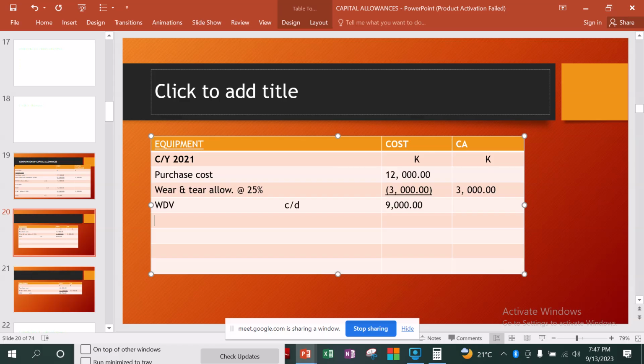Now we are in charge year 2022. What happens? We bring down the written down value, brought forward or carried down. Okay, we have the 9,000.